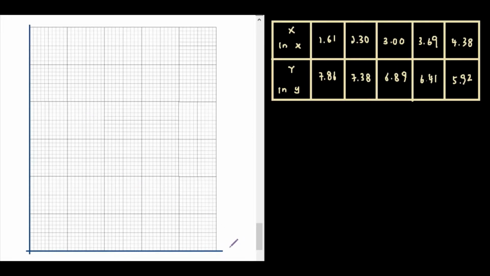So we have a new x variable here, which is natural log of x. Then new y is natural log of y. Now we can plot the points that we have found just now.